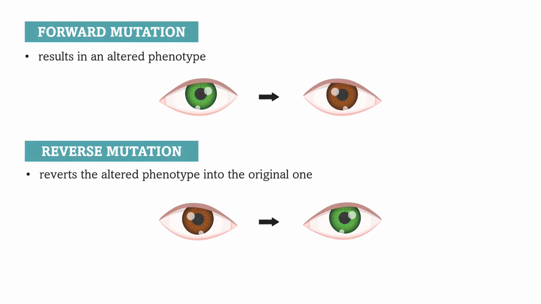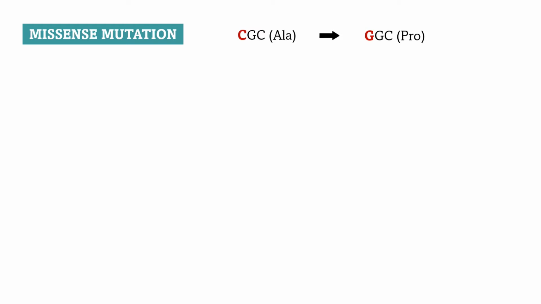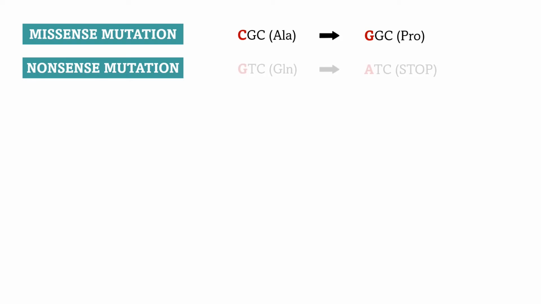Another classification considers the effect the mutation has on the structure of a protein. A missense mutation is a base substitution that changes the codon in a way that a different amino acid is synthesized. A nonsense mutation changes a codon that specifies an amino acid into a stop codon.